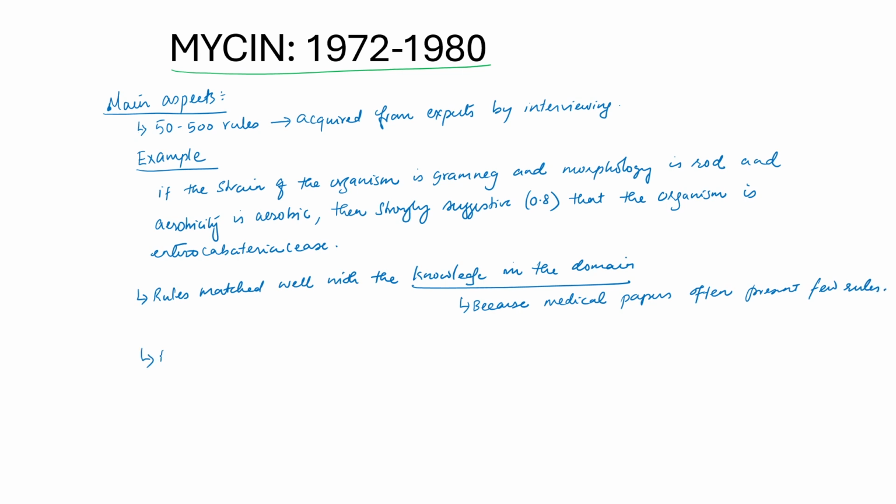The logic here is that a rule is equal to a nugget of independent knowledge.